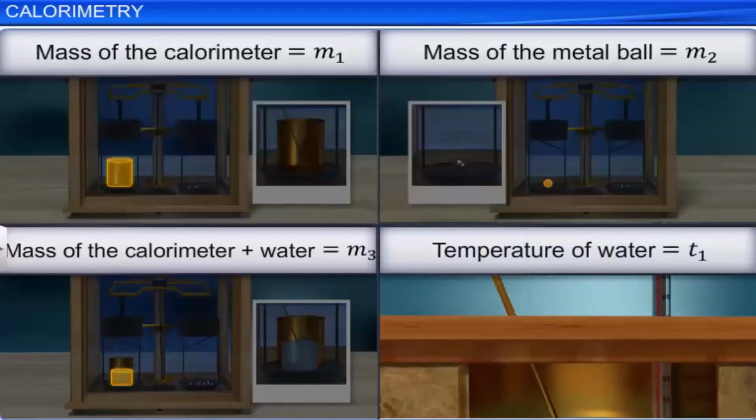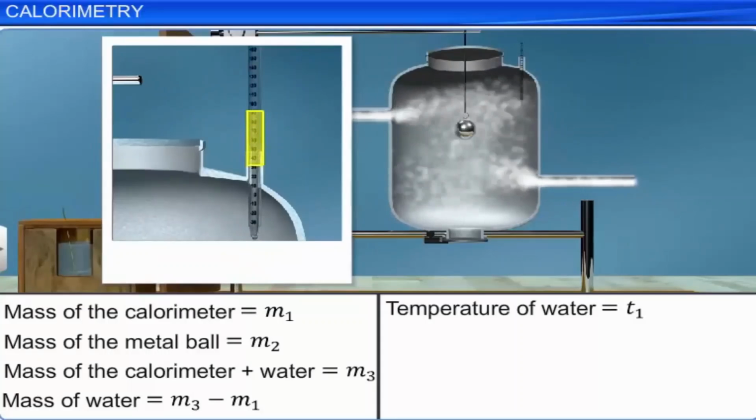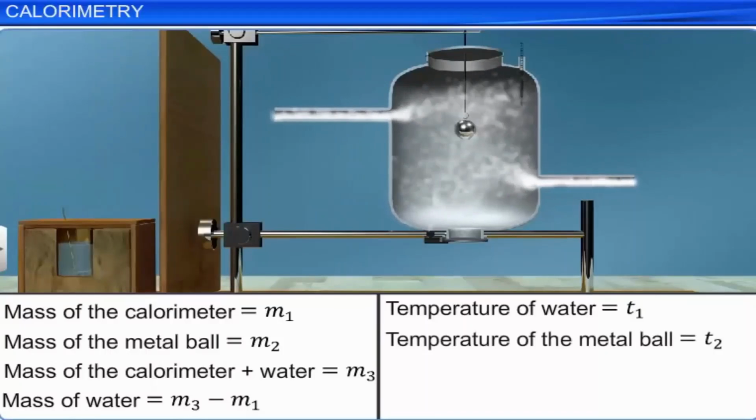Let it be T1. Now, heat the metal ball in the steam chamber of Reynolds apparatus till the thermometer in the apparatus shows a steady reading for a few minutes. And let the temperature of the metal ball be T2.